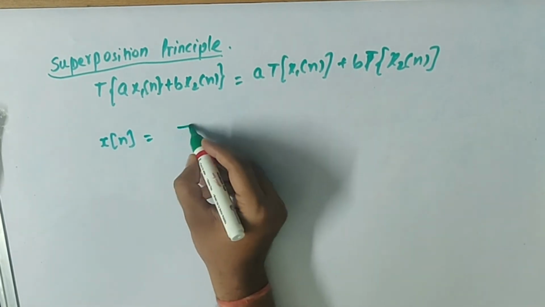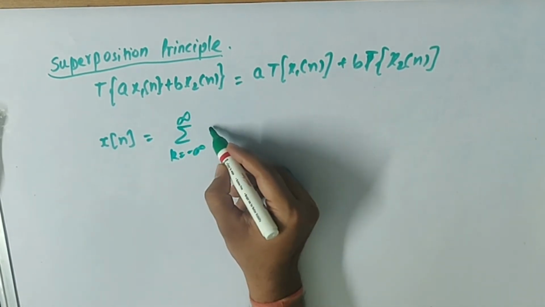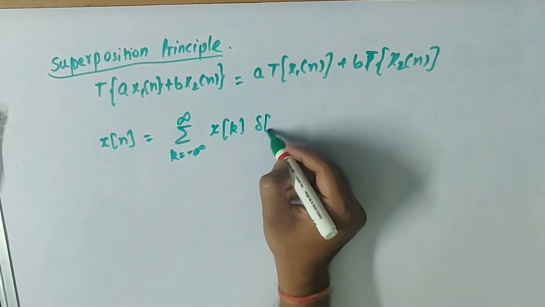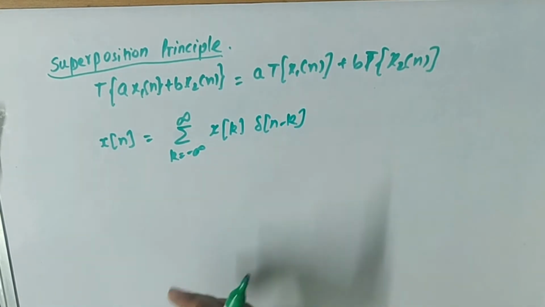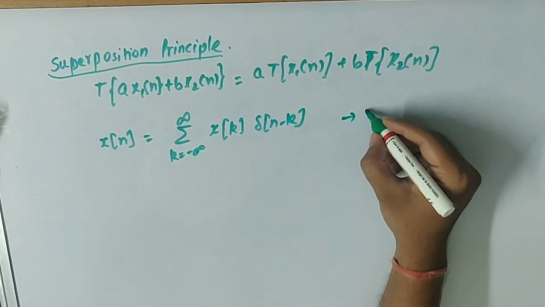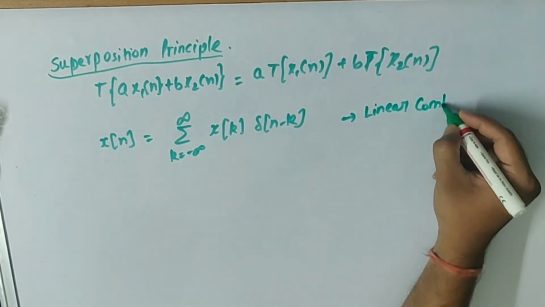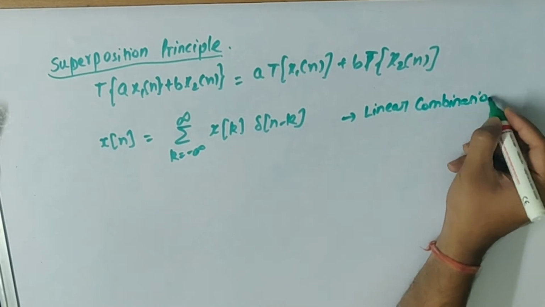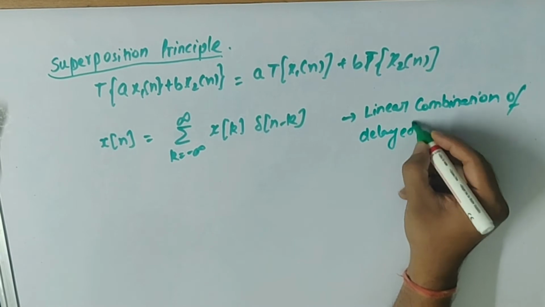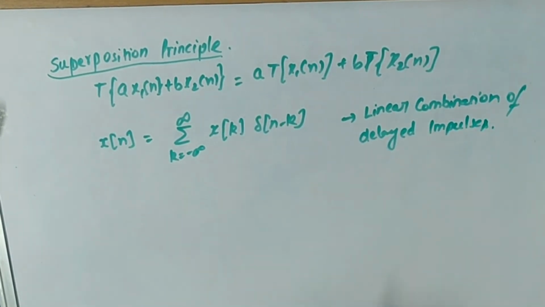If the system follows the linearity property, we can write the input as a summation from minus infinity to infinity of x[k] delta[n minus k], a linear combination of delayed impulses.